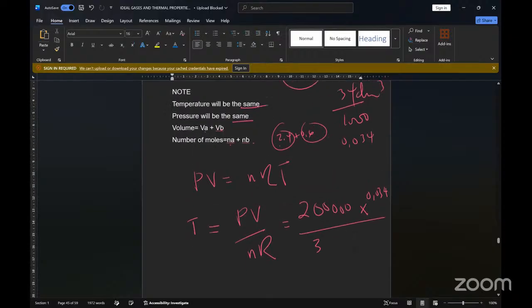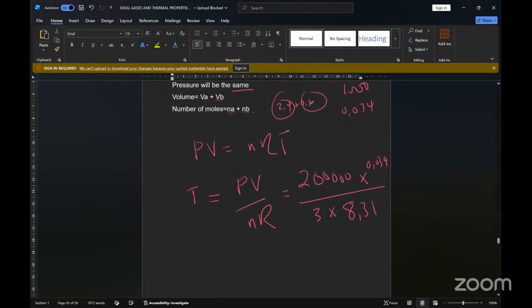Times your R, which is 8.31. So you do that and you get your temperature. I don't know whether we should do it, but I think you can just do it. It's just a multiplication like we did.